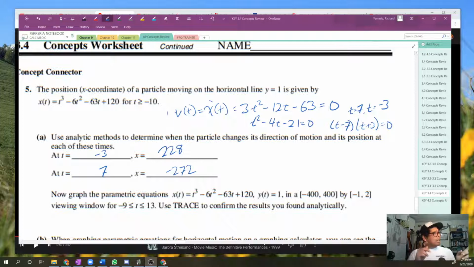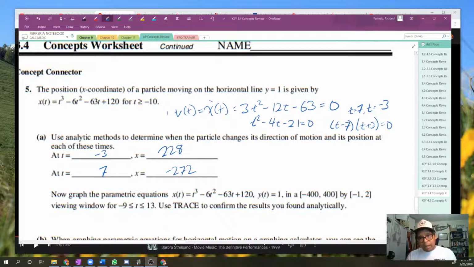So it's very possible that 228 is the furthest to the right that this graph will get, and it's also possible that when t equals negative 3, 272 is the furthest left. Or at least they will be a local minimum and local maximum.